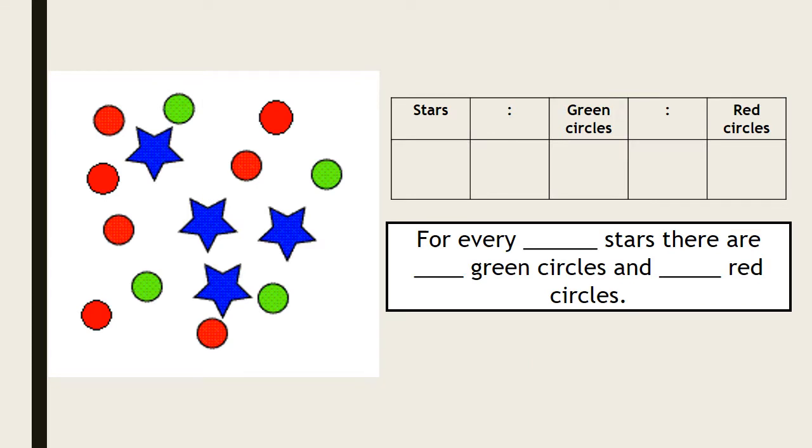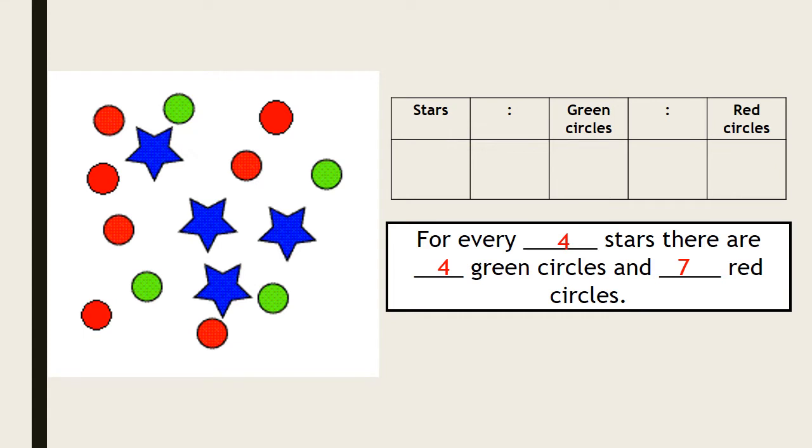Now I'd like you to pause the video and have a go at completing the sentence shown on screen. Also have a go at completing the table. Brilliant. So for every 4 stars, because we can see 4 stars on screen, there are 4 green circles, which we can also see. And there are 7 red circles.